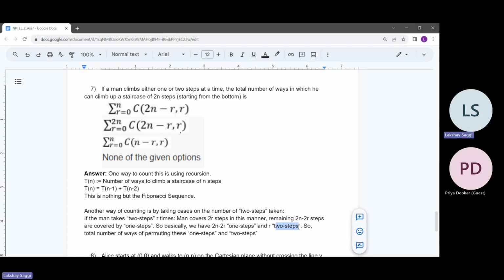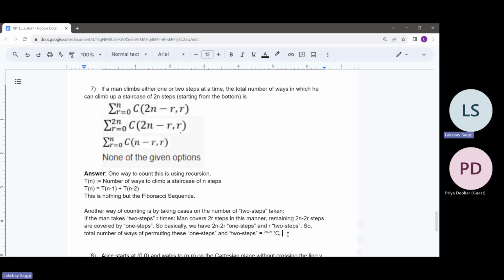If we have n1 objects of one type and n2 objects of another type, then the total number of ways to permute these objects is n1 plus n2 choose n1. So what I'm trying to claim here is this will be nothing but 2n minus 2r plus r, choose r.